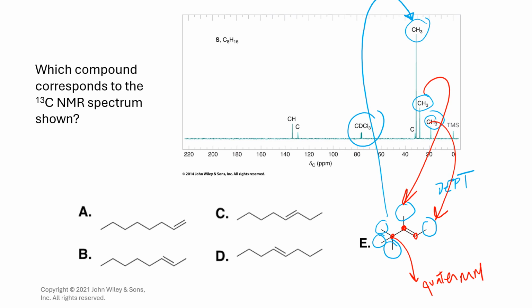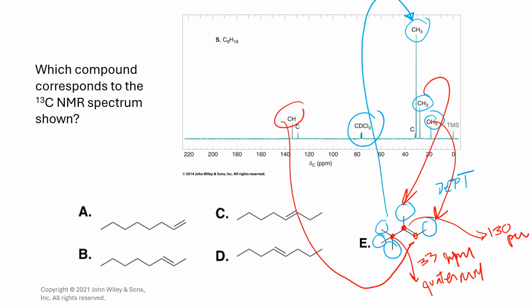But it's this because this one is in the alkene type region. So this is like 130 ppm. And this is the one around 30-some ppm. I don't know, I'm going to say 33, I can't see the scale very well. So that's how you would assign that. And this is a CH, obviously. This is this H. Okay, so with that, we have finished the review of NMR.